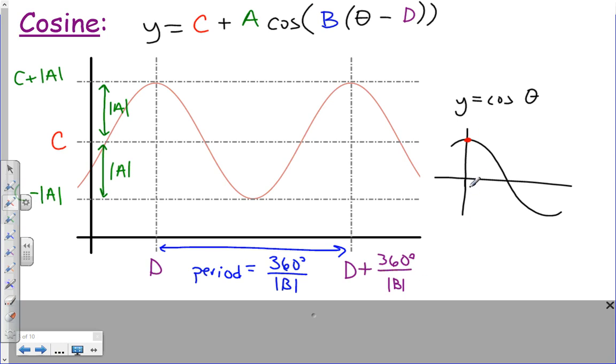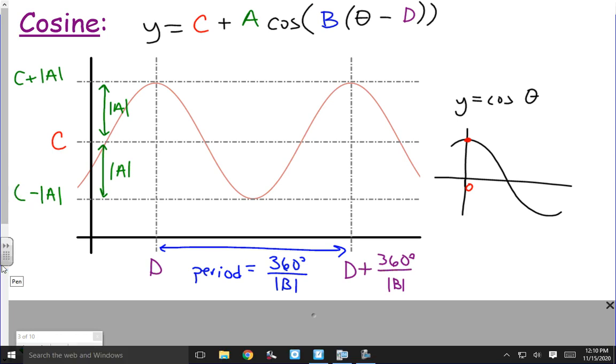High point right there at x equals 0. So when I do a horizontal translation of this function, I'm basically moving that point, along with every other point, of course, but the easiest one to track is that one. I'm moving that point to someplace d. That's why d is the location of the high point, because of what happens on the parent function at x equals 0.